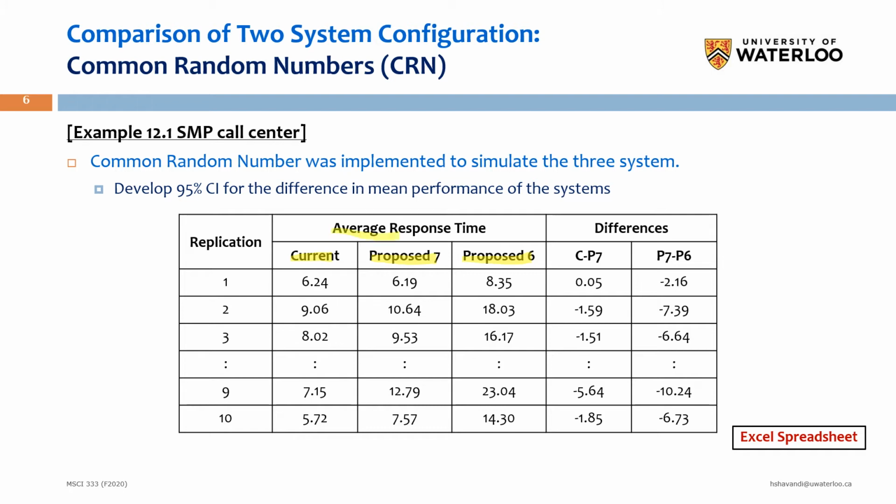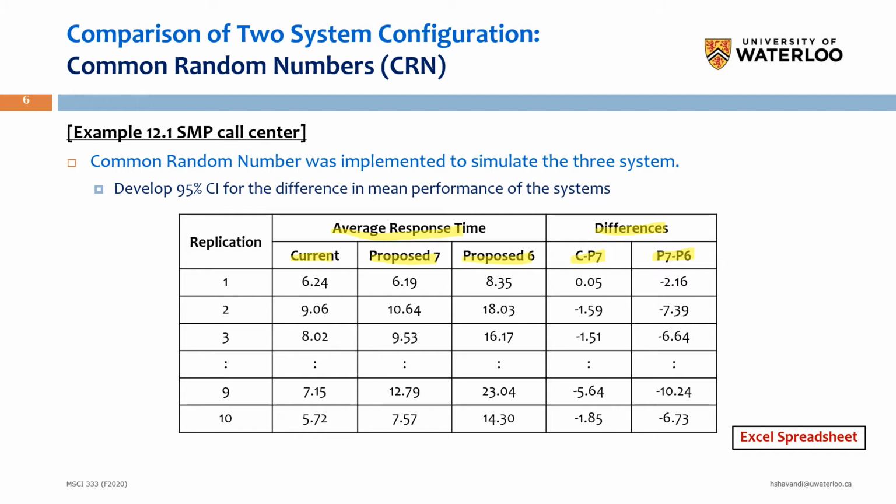Here we have the average response time obtained for 10 replications. Now we can calculate the differences between the current and the proposed system with 7 operators, C minus P7, and between the proposed system with 7 operators and the proposed system with 6 operators, P7 minus P6. Here we have the differences, so we can calculate the confidence interval for the difference.